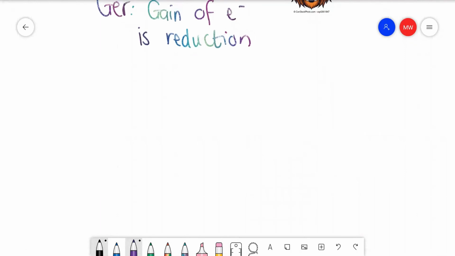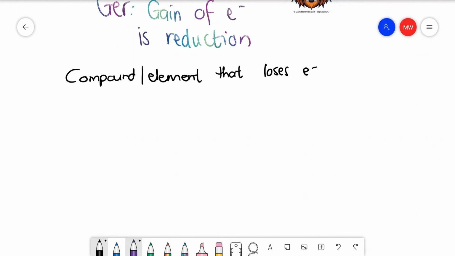Okay, so we say that a compound or element that loses electrons is oxidized. An example of this is magnesium, the solid.